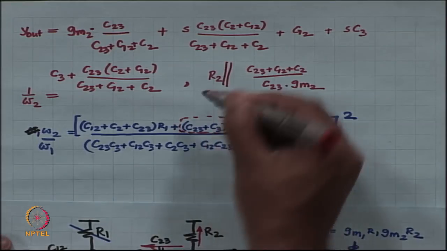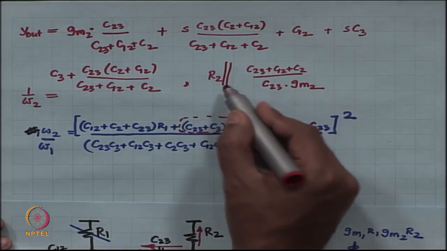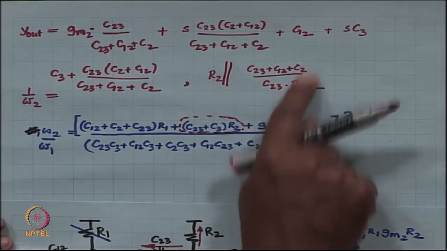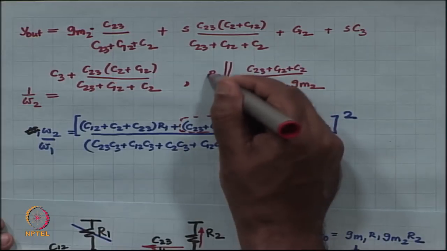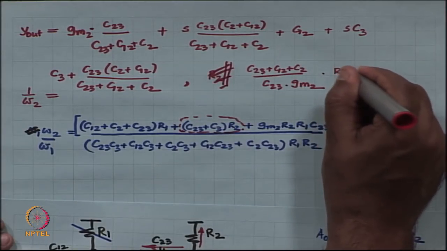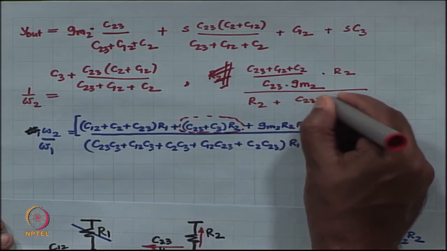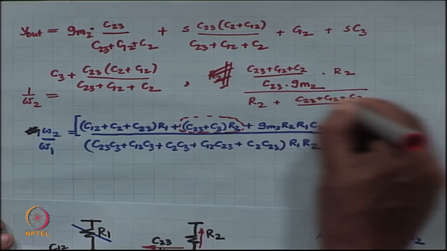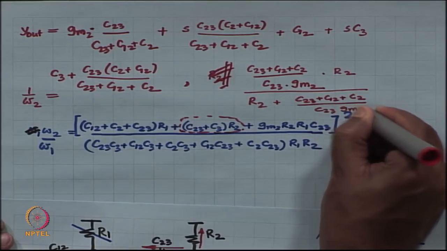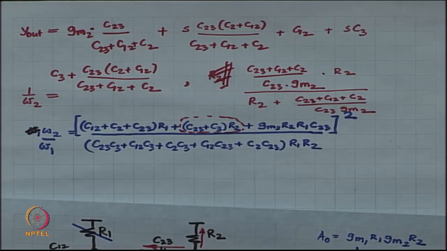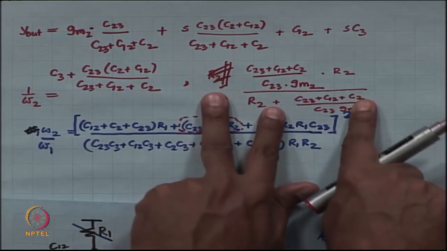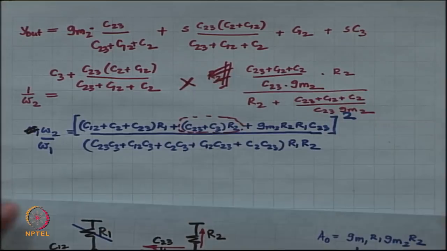Now, to do the product of these two, I think it would be better to combine these two parallel quantities R 2 and so much. Then you have to multiply the C with the R. So, this is a big multiplication.